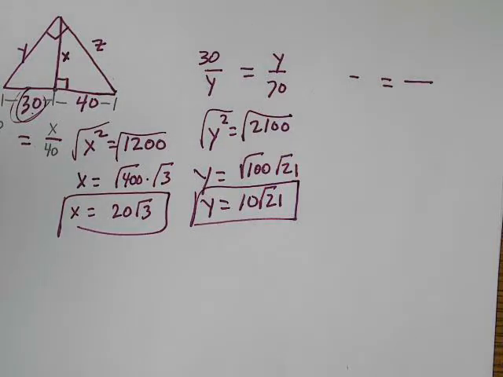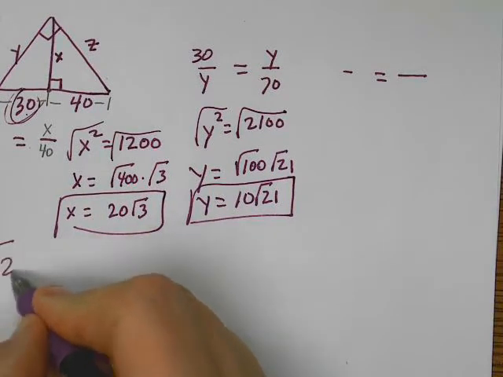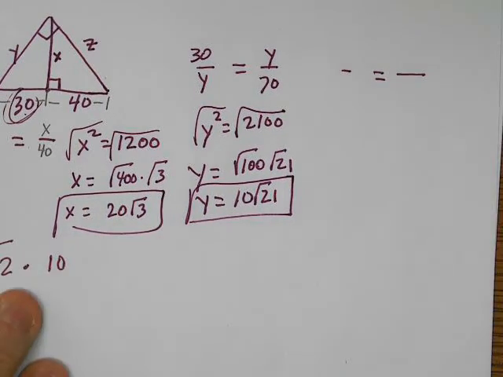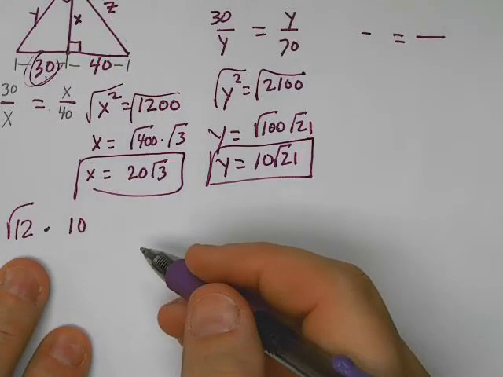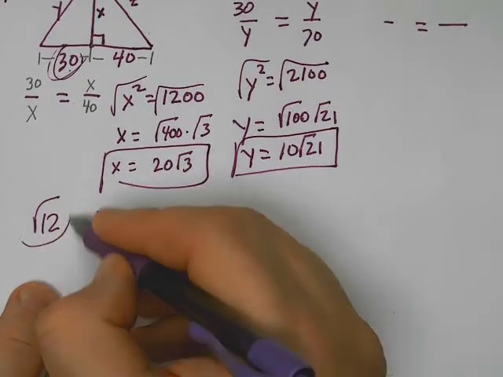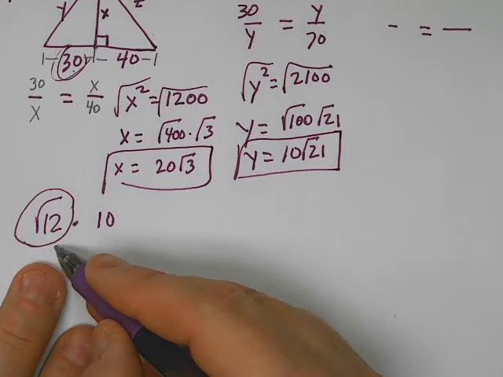So what about 100 times the square root of 12? And then you get the square root of 12 times 10. The square root of 12, that's not simplified. Why? Because there's a perfect square that can be factored out of there.